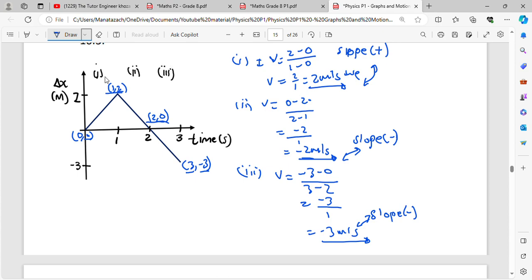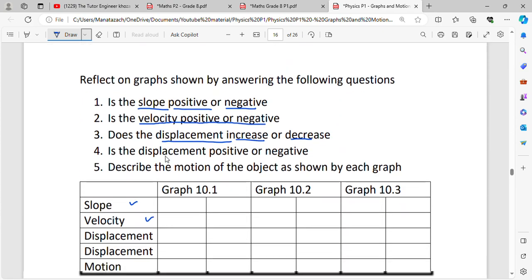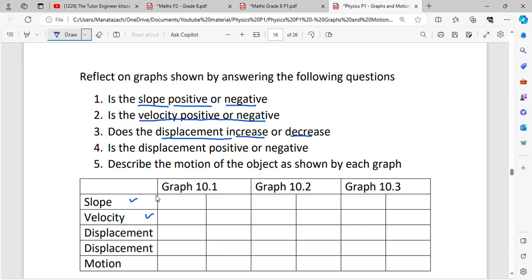Here, Roman figure 1, displacement increases. And Roman figure 2, it's decreasing in the positive direction. When you get to Roman figure 3, that's where the trick is. The displacement is increasing, albeit in the negative direction. It's not decreasing, guys. When you see this graph going down like this, the displacement is not decreasing. It's increasing in the opposite, or negative, direction. So that would be question 3.